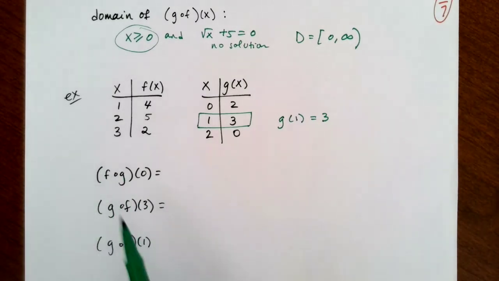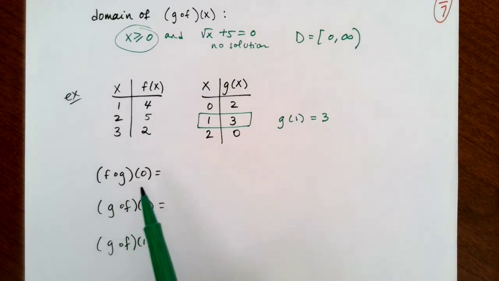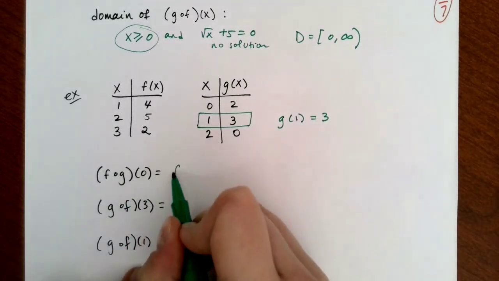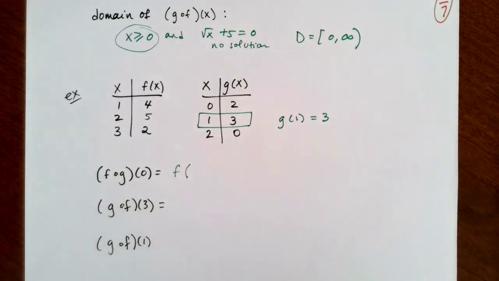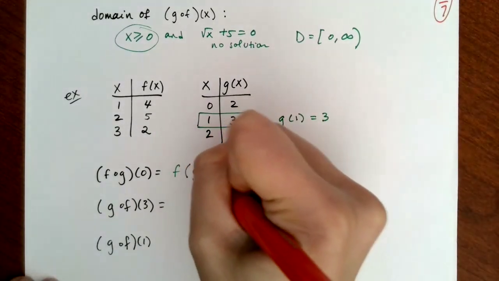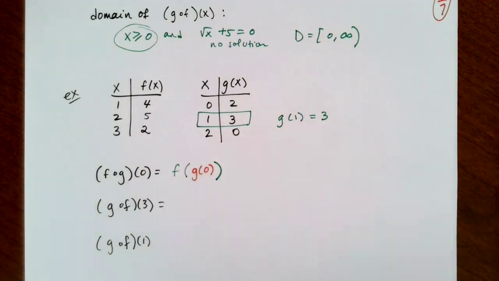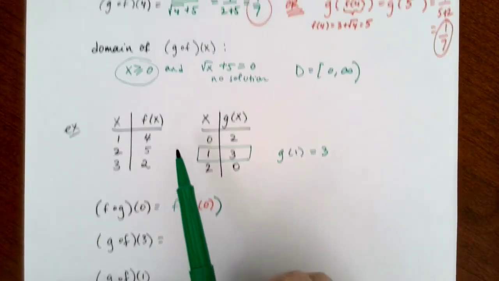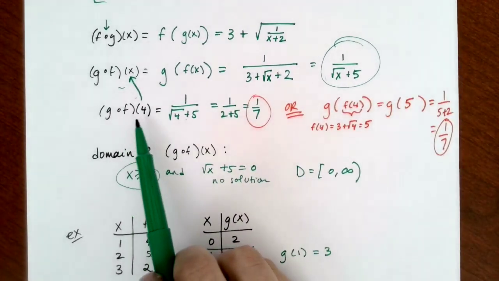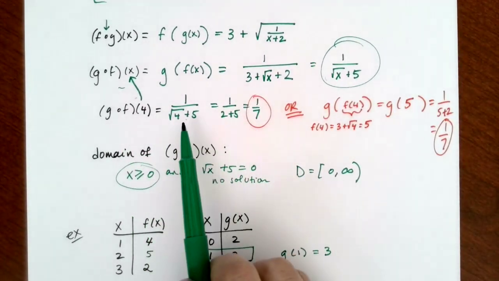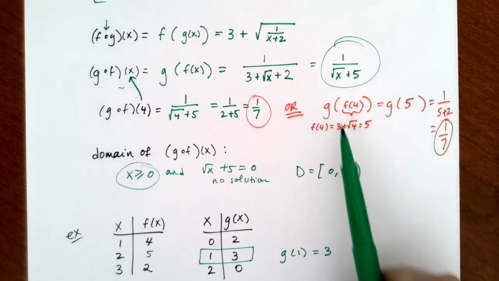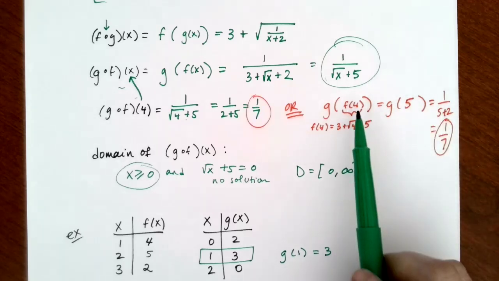Okay, so the first question asked is f of g of 0. That's f of, and I'm actually going to switch colors here, g of 0. Because we don't have a formula for f or g, we can't compute this the way that we did this problem right here, where you just plug the number in. We have to go about it this way, which is from the inside out, right?